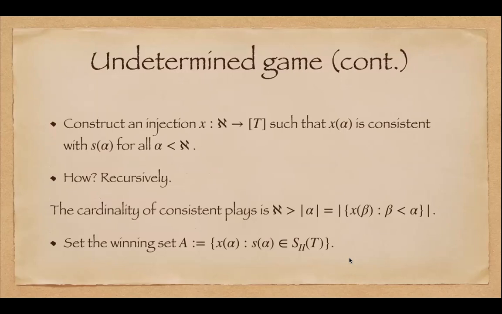I'm going to do it recursively, and this is possible because the number of consistent plays also has the cardinality Aleph, which is greater than the number of plays that we've already chosen, which is the cardinality of alpha.